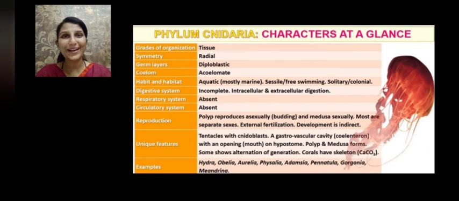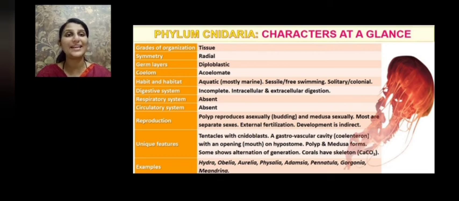Now let us summarize all the characters of phylum Cnidaria. The first basis of classification is the level of organization, which is tissue level of organization, and the symmetry is radial symmetry. They have two germ layers, that is ectoderm and endoderm, and they lack a coelom, so they are called acoelomate.